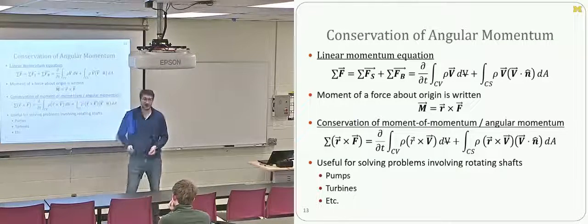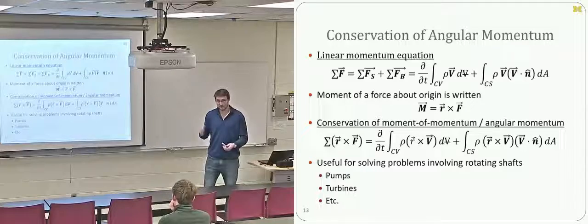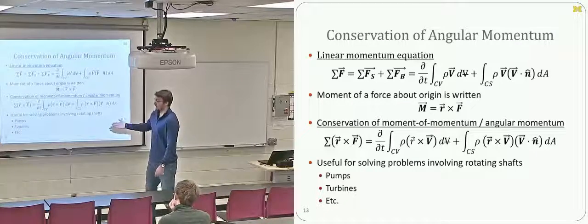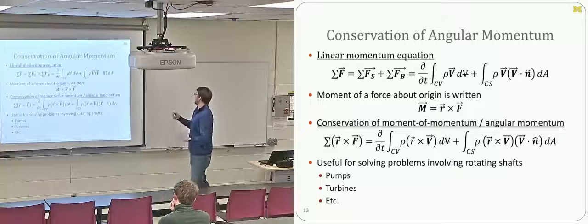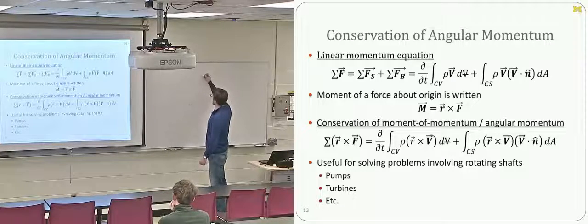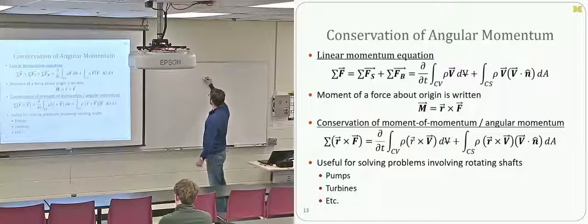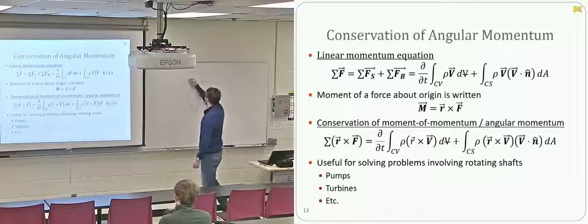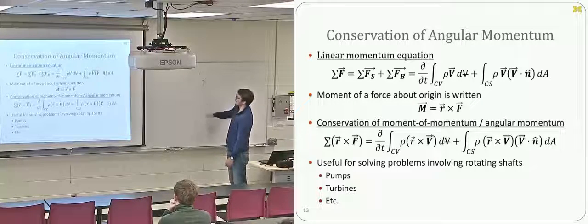However, how do you usually write a moment due to a force, right? If this is your coordinate system, and you have a force occurring on something out here. Let's say you have a solid body, and you're applying a force out here.